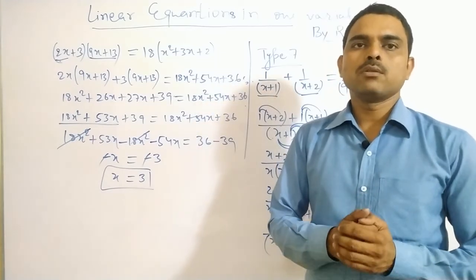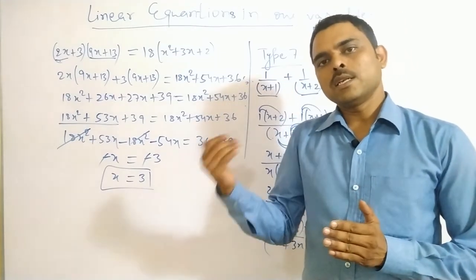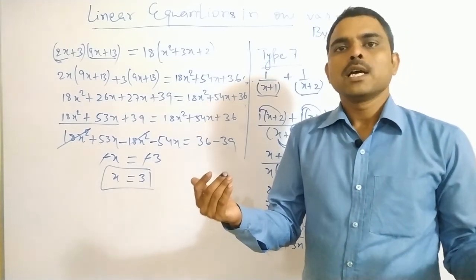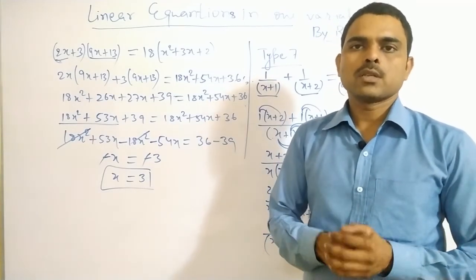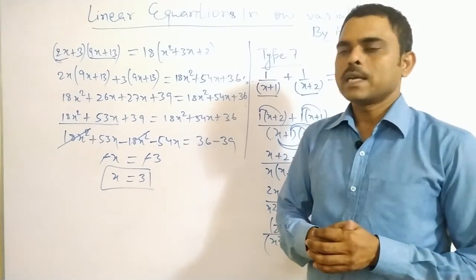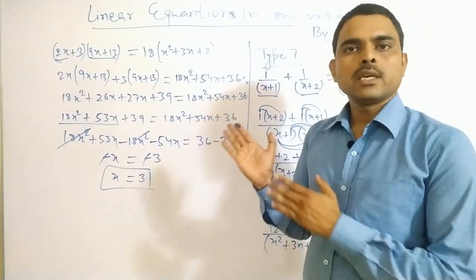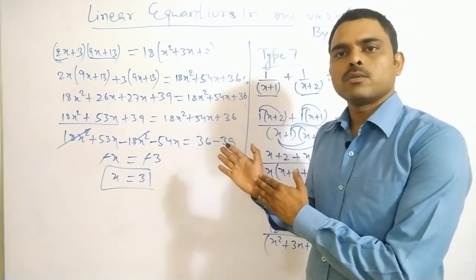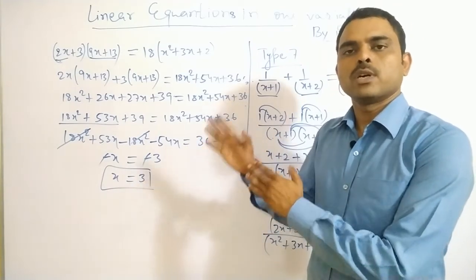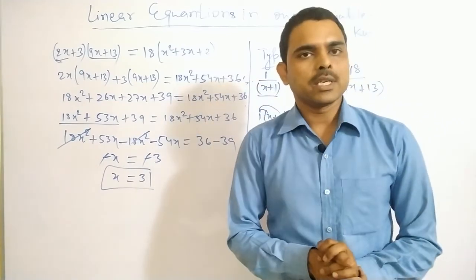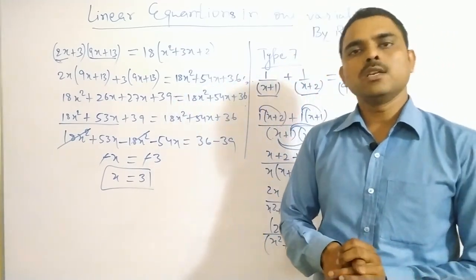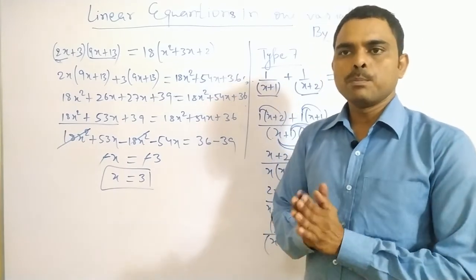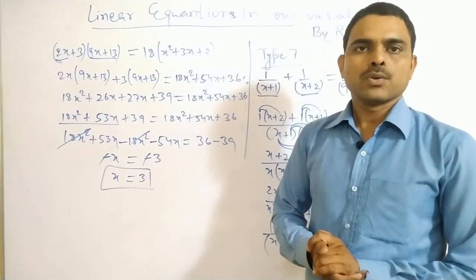We will get the LHS and RHS both the side in its simplest form, and after that the main work, the magical work we will do, and that is write all the x related terms one side and shift another value, numerical value, another side, and after that you will get a value for x or any of the variable. So this is common only, you will do everywhere in all the questions.